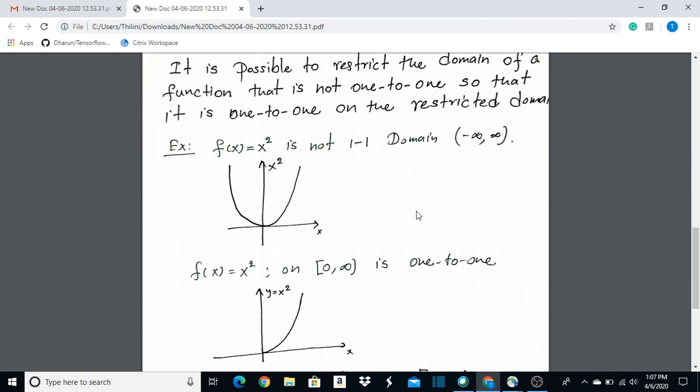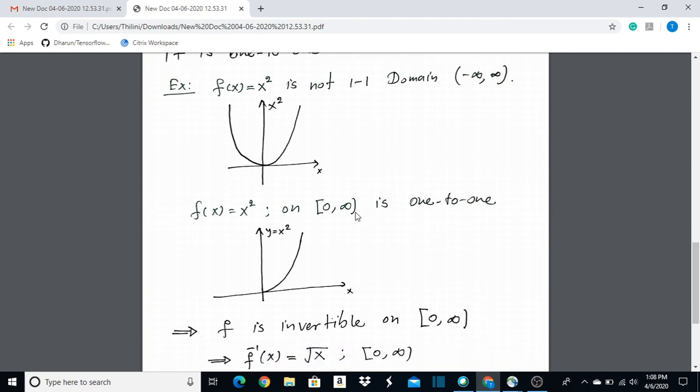But if we restrict our domain to 0 to infinity, the graph looks like this. It takes only half of that, from 0 to infinity. Now, if we draw a horizontal line across the graph, you can see it crosses exactly 1 point. And this is one-to-one now.